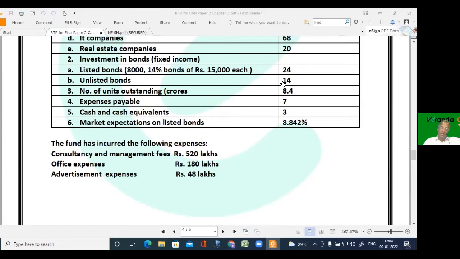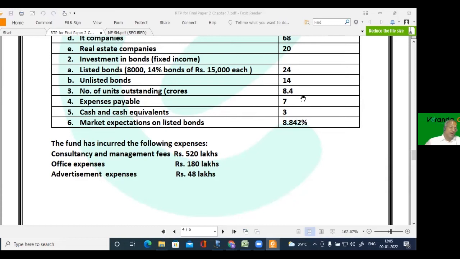So take up all the indexed values, and this bond: 24 into 0.14, the whole divided by 0.08842. That gives somewhere around 38 crores. So that can be taken up. Unlisted bond same.